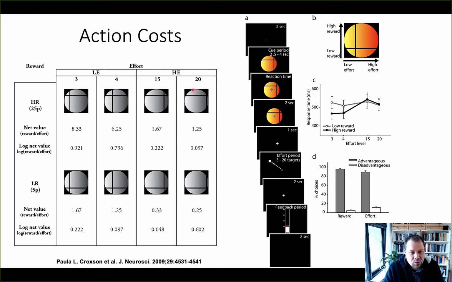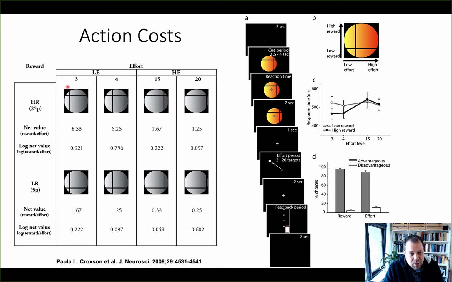So let's go through these different cues, which participants actually learned implicitly. So we have the high reward, which is indicated by the horizontal bar at the top, and the low reward, which is indicated by the horizontal bar at the bottom. Right? This is how the cue tells you how much money you're going to win.